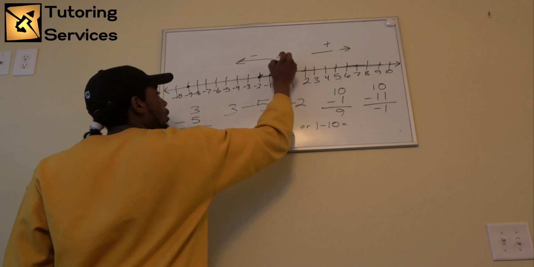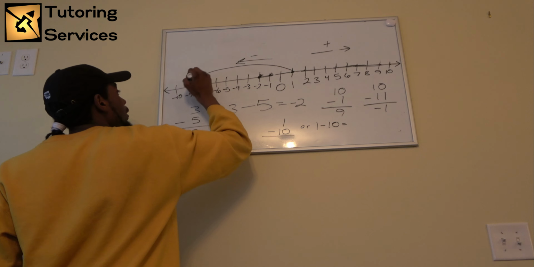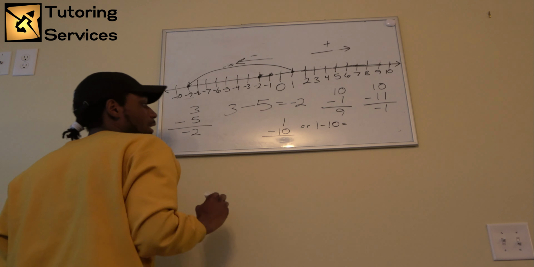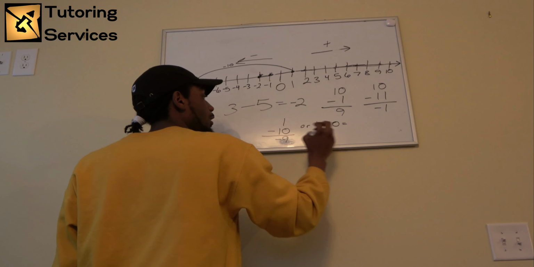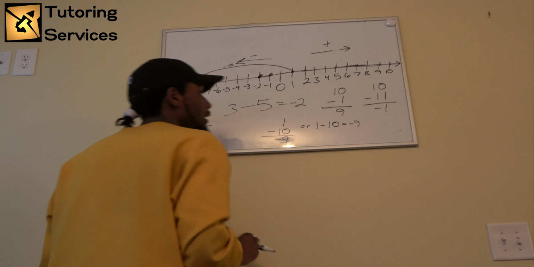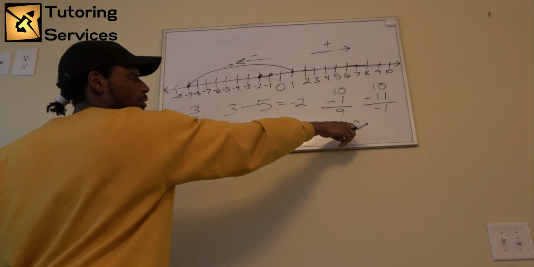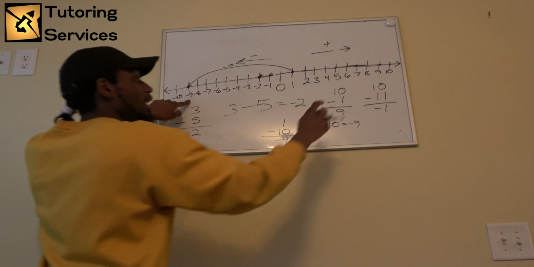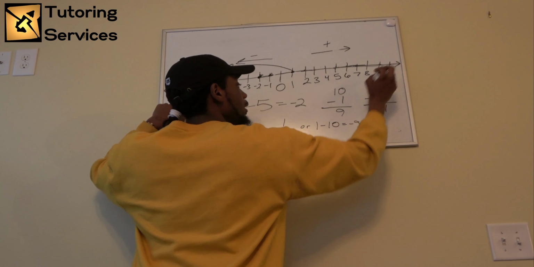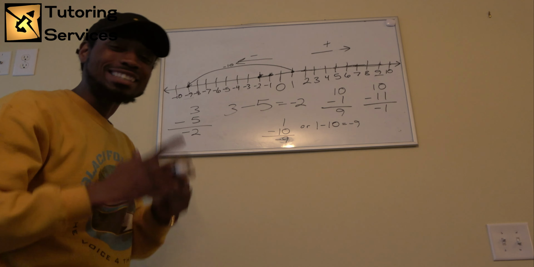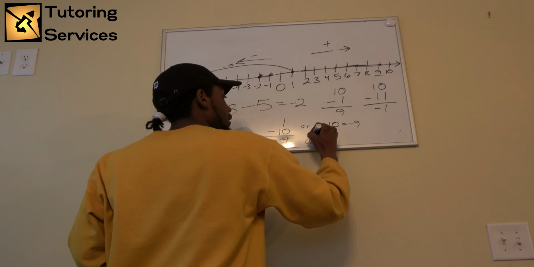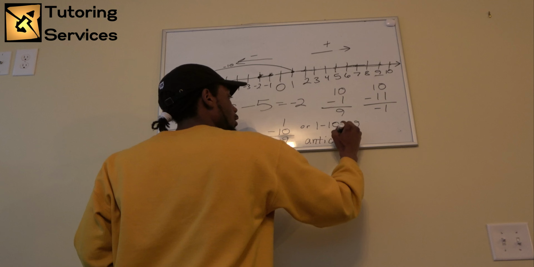So we got 1 minus 10 equals, what's this? -9. Now notice how -9 is not +9. This is -9, this is +9 over here. That is why subtraction is anti-commutative. I'll write it out for you. Anti-commutative.